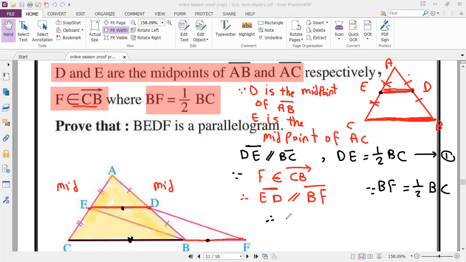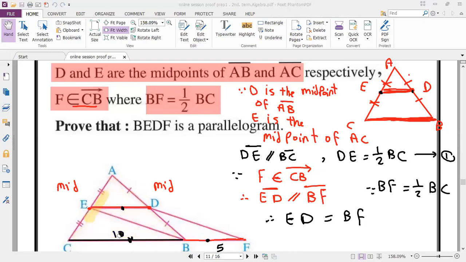Then we deduce that ED equals BF, because let's assume that BC equals 10. It's not right, but I'm assuming that BC is 10. So ED equals 5, okay? And BF is given as half BC, so BF equals 5. It's not 5, by the way.